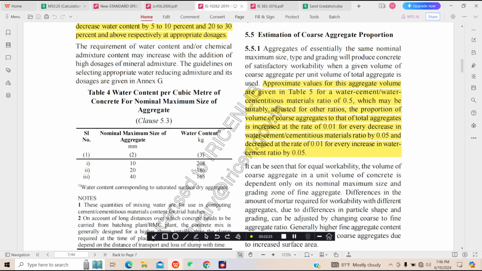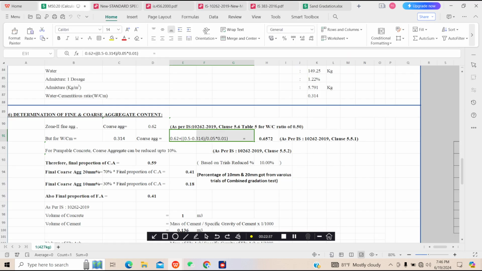So we have to calculate by how much the water cement ratio is changing, so we divide by 0.05 and multiply with 0.01. After calculating this we get 0.6572.